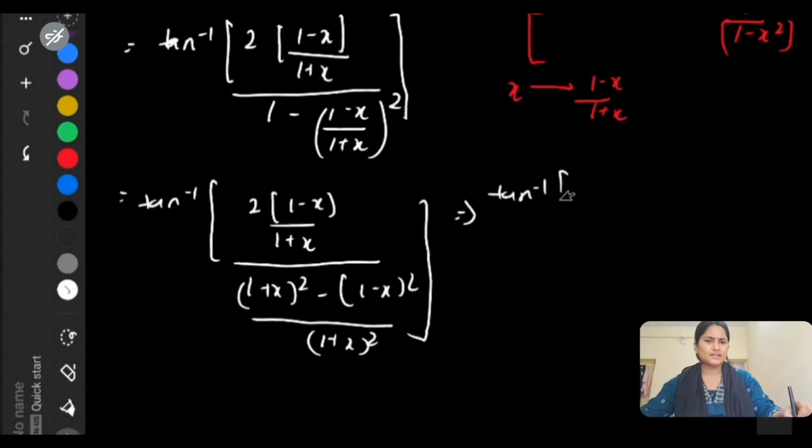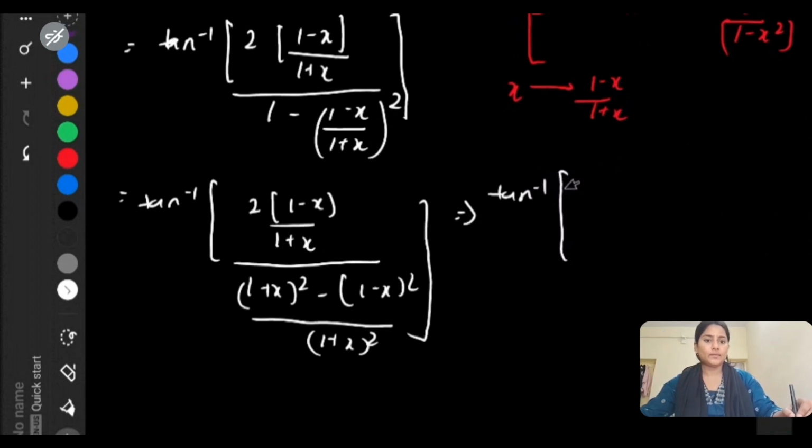Into the next step, tan inverse. You know that when we have a numerator a by b and c by d, we'll shift it upward. This denominator will become the numerator here.